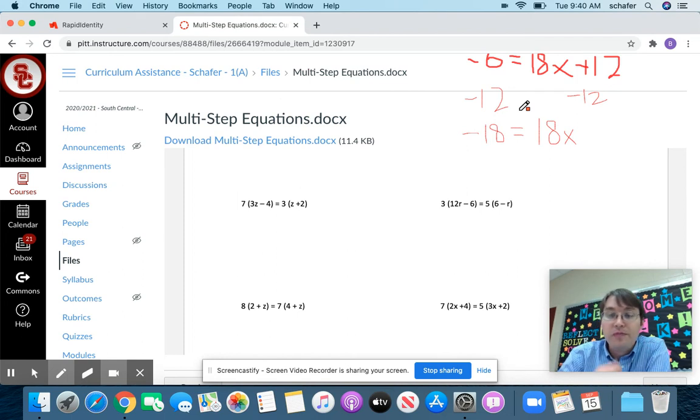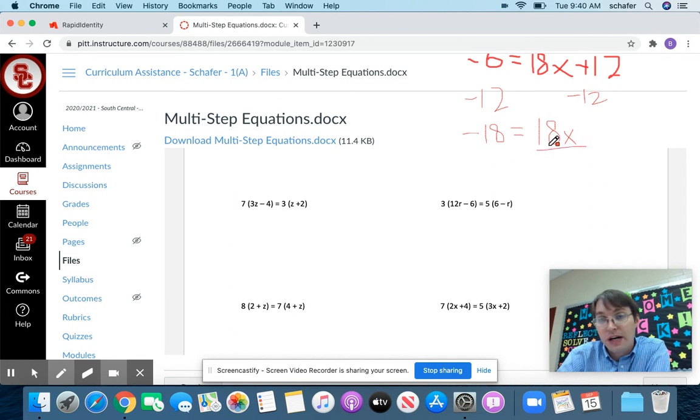Now, again, I want to get the x all by itself. So how would I do that? Well, the way this is written, 18x is the same way as saying 18 times x. And if you want, what's the opposite of timesing or multiplying? It's dividing.